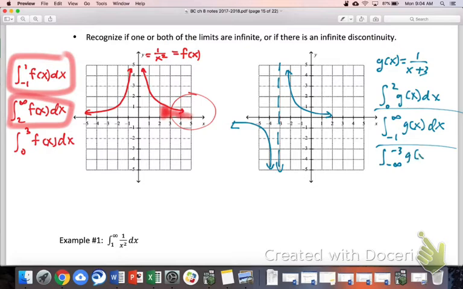Now this is kind of interesting because if you look at this, isn't this like a doubly improper integral? Because not only is one of the limits -infinity, which automatically makes it improper, but the -3 butts up against an infinite discontinuity. So you got two kind of different things going on here that you'd have to deal with. This would definitely be a challenging one. In fact, I would split this up into two.